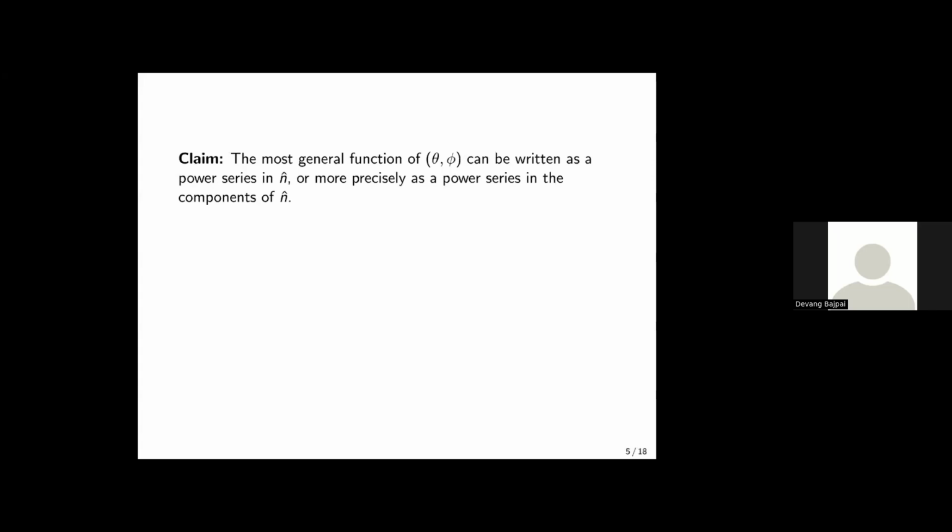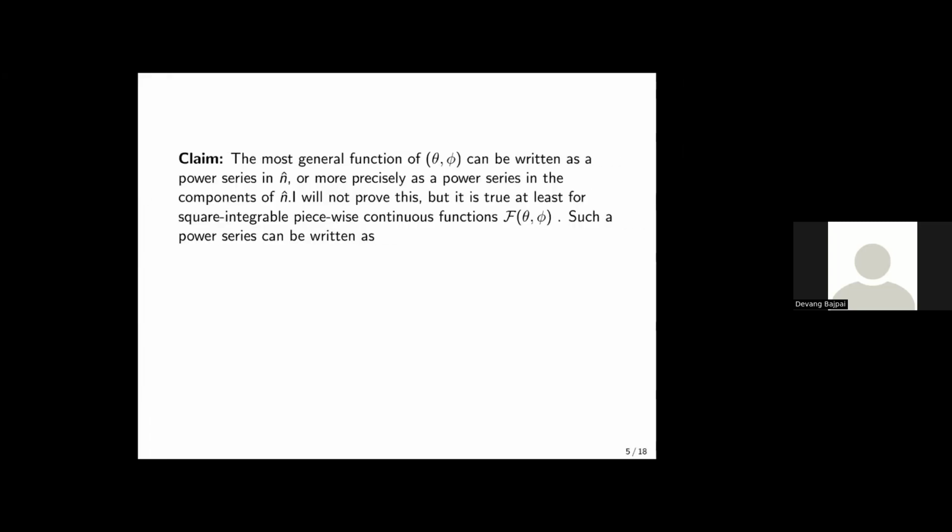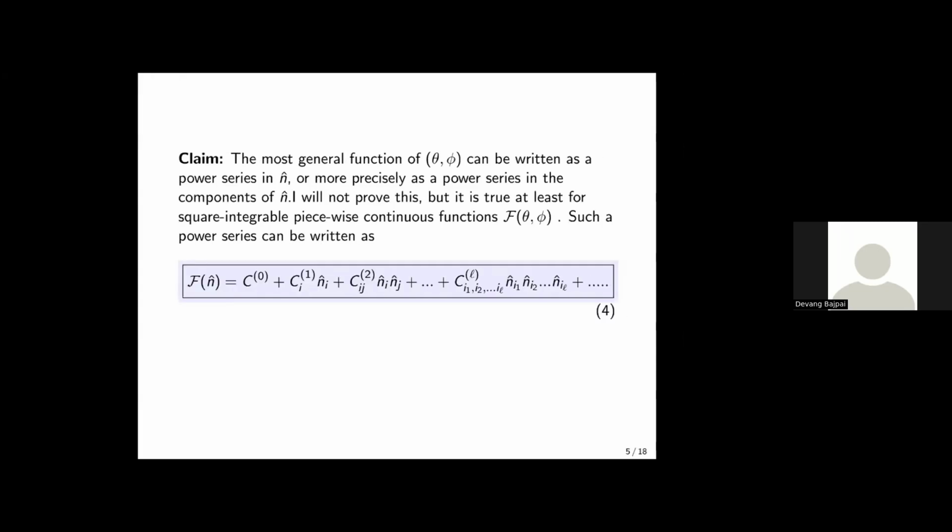Now, here comes the claim that such a function of angle can be written as a power series in terms of n hat, or more precisely as a power series in components of the n vector. I am not going to prove this, but it is at least true for square integrable functions. Such a power series will be written the following way.